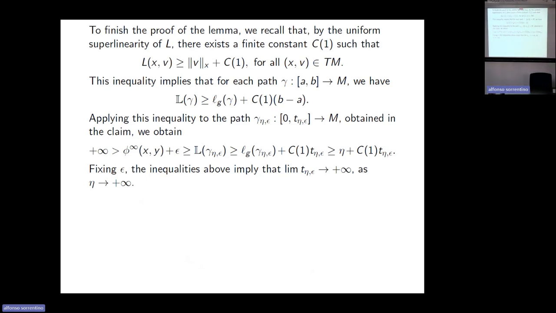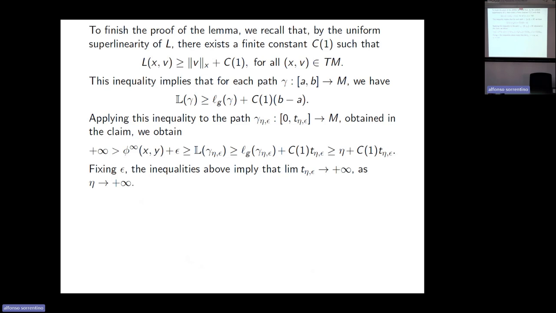So in the end, because I forgot about the c0, we obtain that phi infinity of xy plus epsilon is larger than the action of gamma eta epsilon plus c0 times the time of parameterization of gamma eta epsilon.